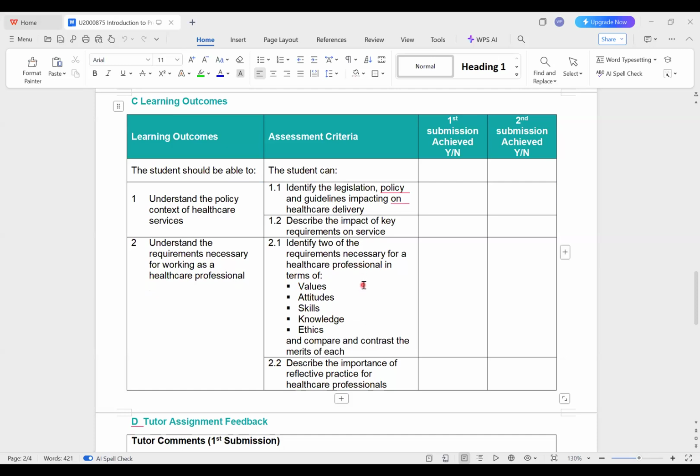The session that we will cover tomorrow will be based on the values, attitudes, skills, knowledge, and ethics within healthcare professionalism. We would also compare and contrast the merits of each of these. We are comparing and contrasting what's the difference between them. What does value mean? What does attitude mean in healthcare professionalism?